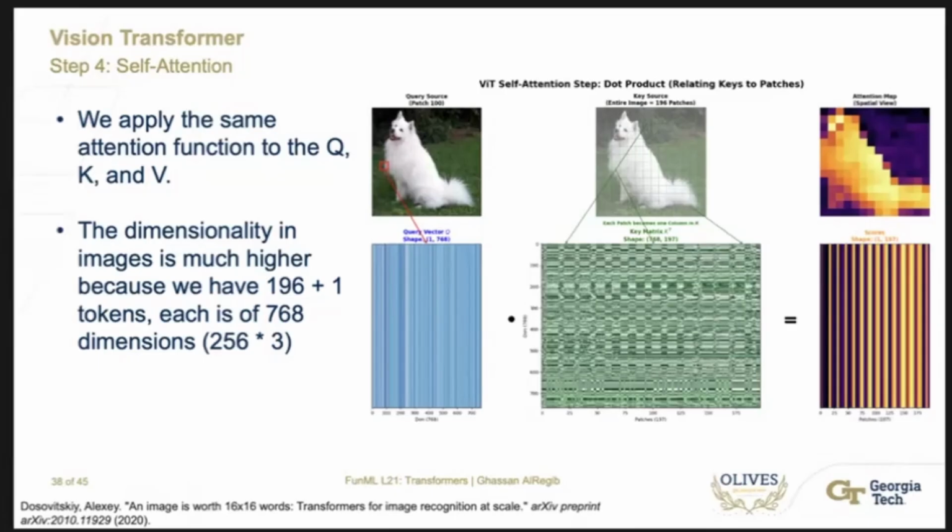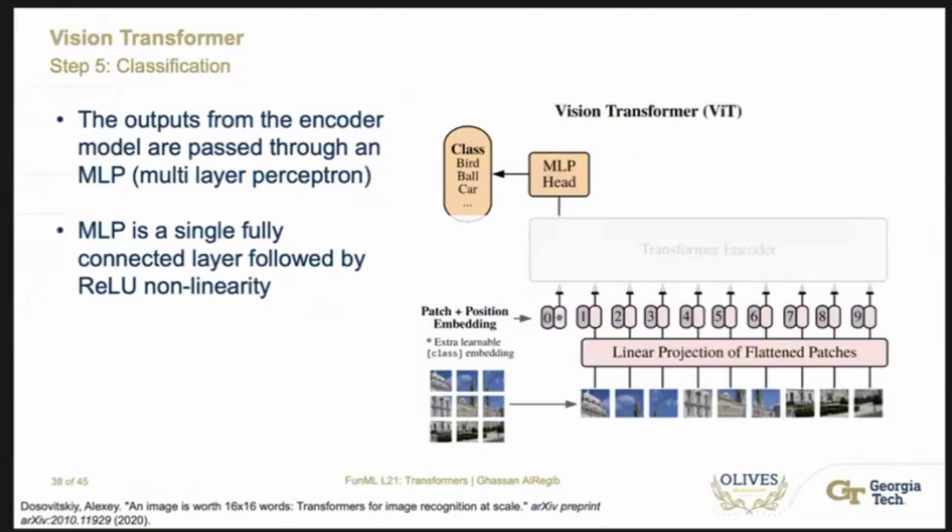And this is how brute force the transformer model is, because it's taking all the dependencies and the associations between all the patches with each other. So after passing a number of encoders, we pass it to the MLP head, which is basically trying to learn the non-linearity of the image or the embeddings that we have learned previously.